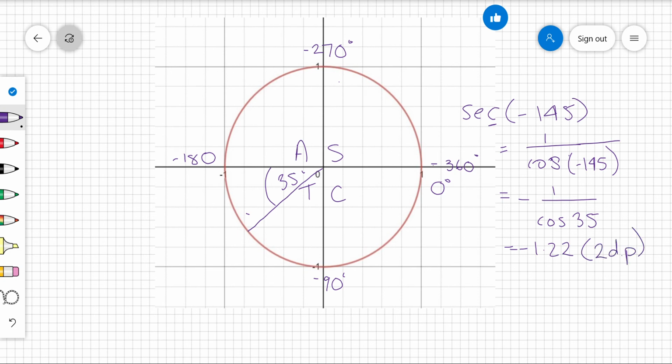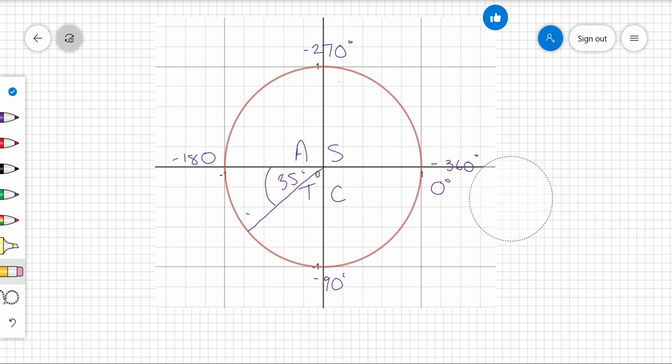All right, let's try one more example then. If we have something like cosec squared, I should make it negative so it's more exciting.